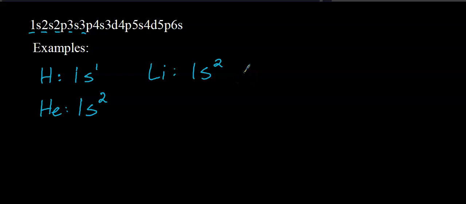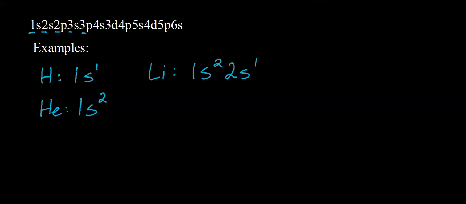Lithium has another electron. So how it works is you fill up sublevels and then you move to the next one. So fill up the 1s. What is the next sublevel to fill with electrons? Well, look at our list there. It is the 2s. How many electrons does lithium have in its 2s sublevel? It has one more.